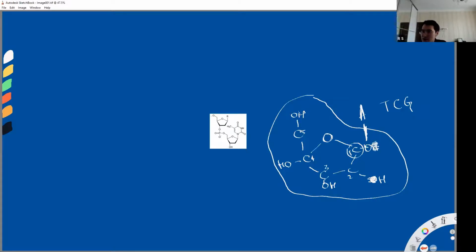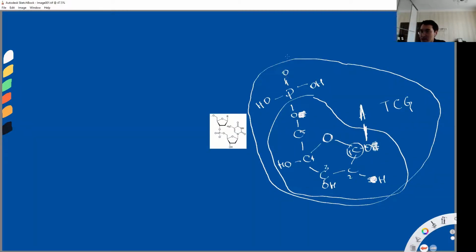And also we need to add one phosphate here. So remove this hydrogen and add phosphate. So it will look like O, OH, and OH. And this has become a nucleotide.